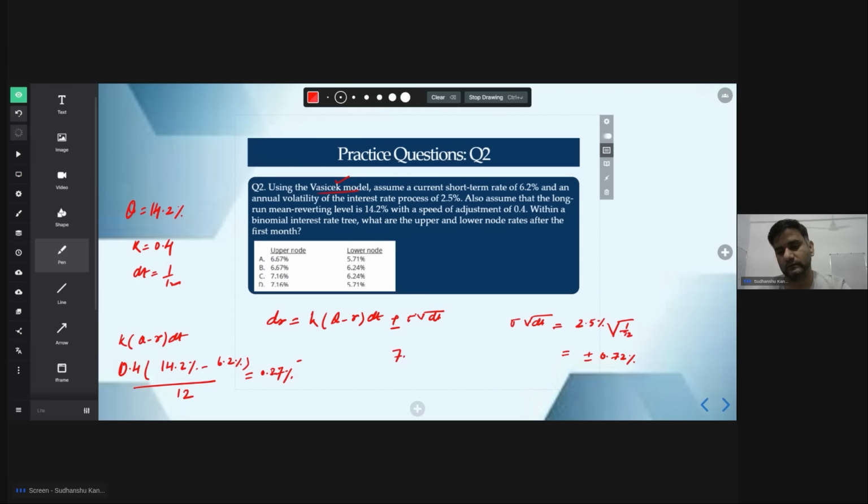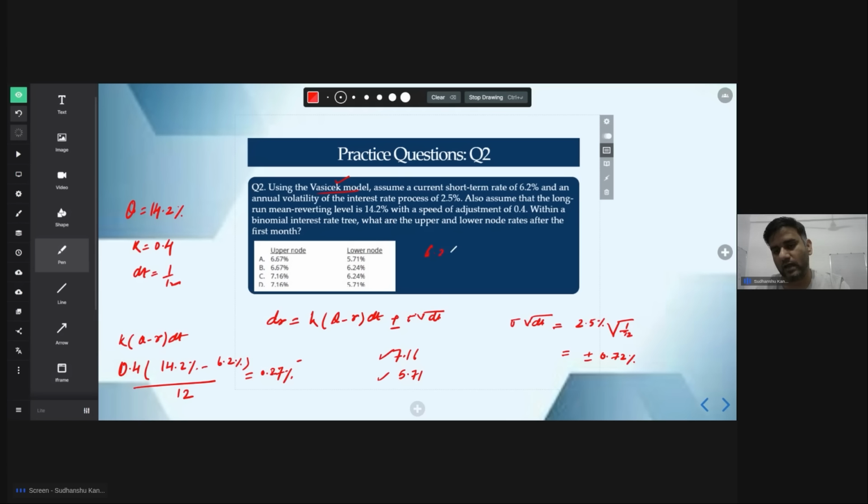So you put in the values, you get 7.16 as one value, and the other value you get is 5.71. How do you get these values? If you want, I can write it here above. You already know that the previous value was 6.2.